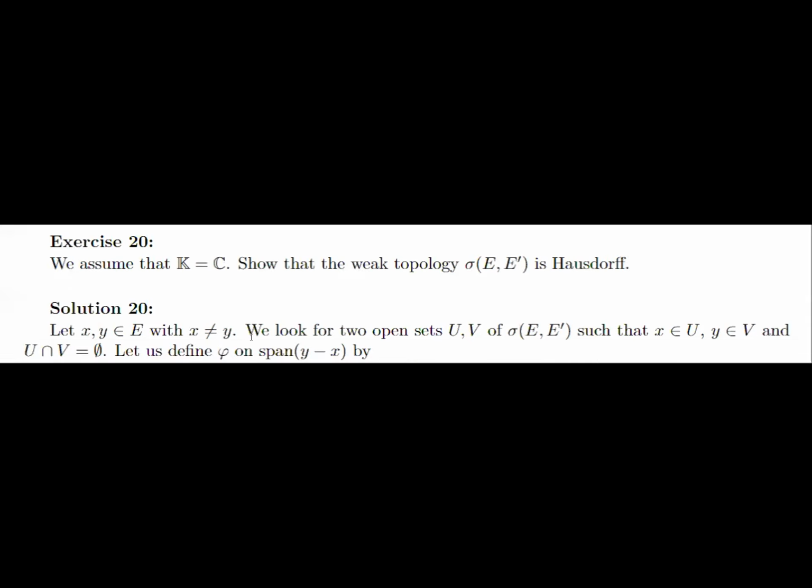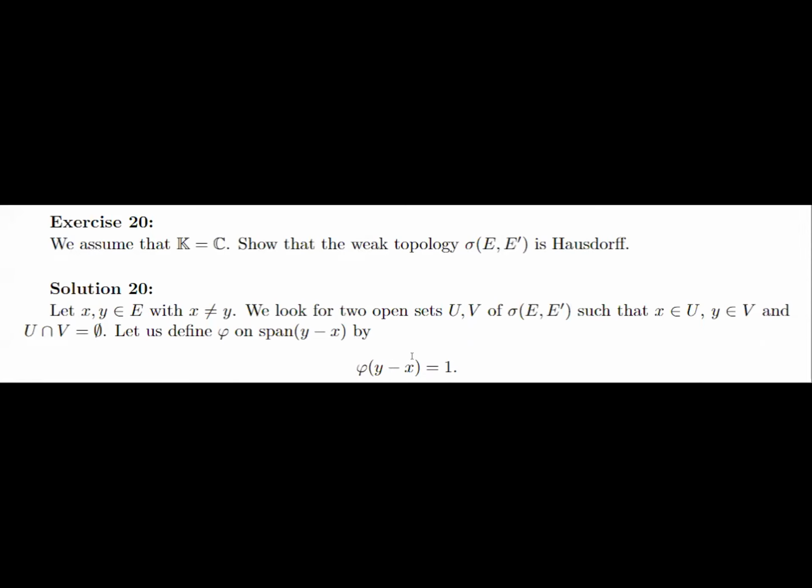So the intersection of the two is the empty set. So let's try to define our function phi as before. And let's try to set phi of y minus x equals 1.